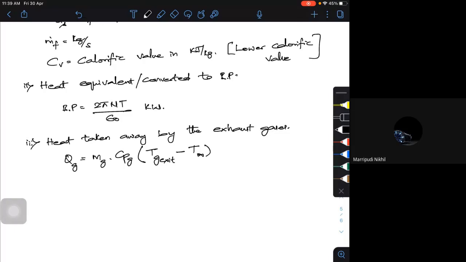This can be in kilowatts or kilojoules per minute, whichever you keep.